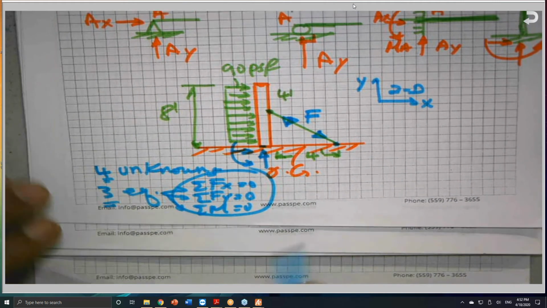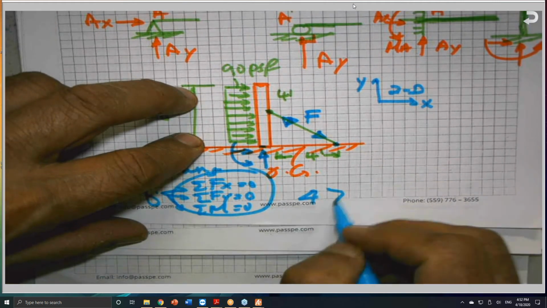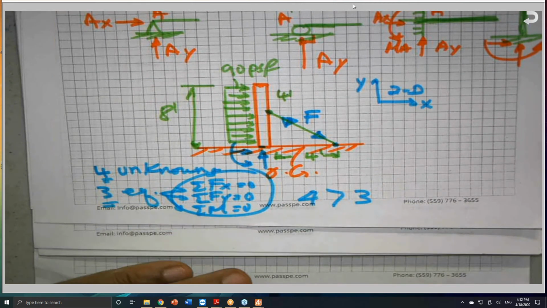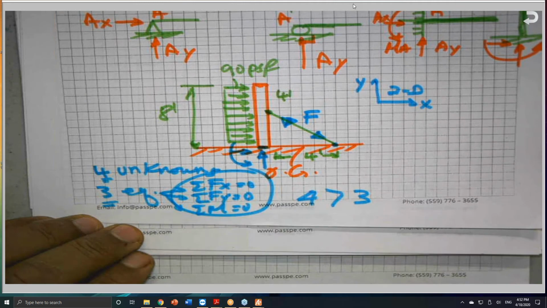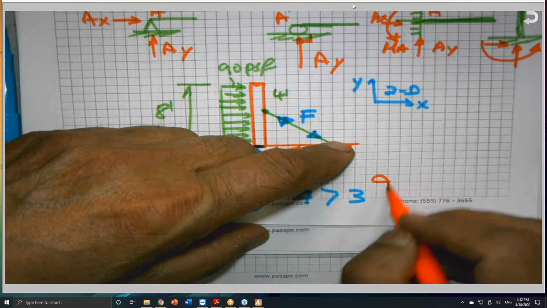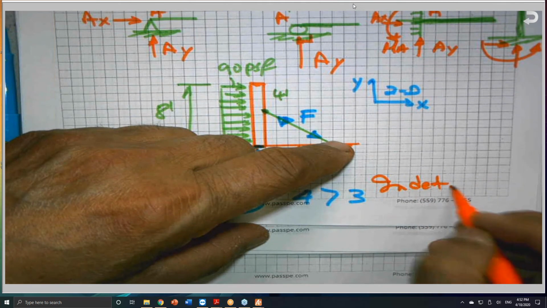This makes 4 greater than 3. So this is statically indeterminate to the first degree if this end here is fixed.